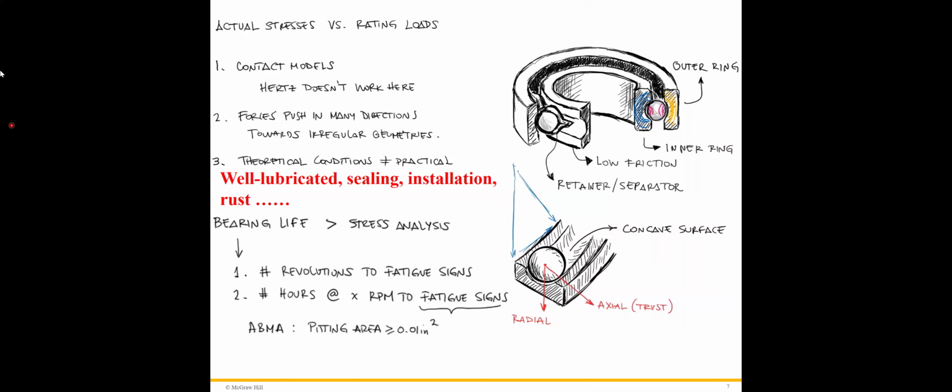As we already learned some stress analysis in the statics course or the mechanics of materials course, we are used to analyzing the stress distribution. However, for the bearing, it is not easy to analyze the stress.